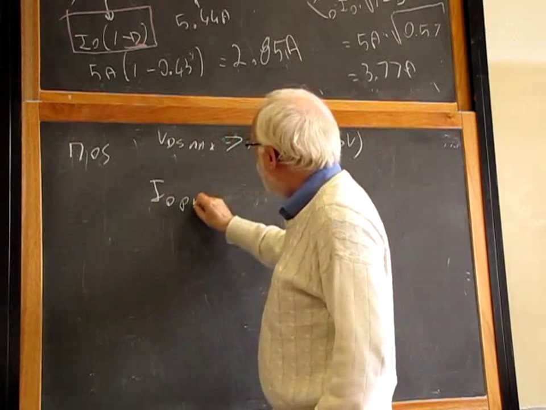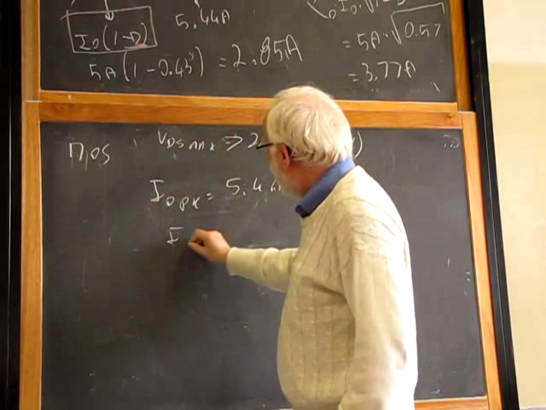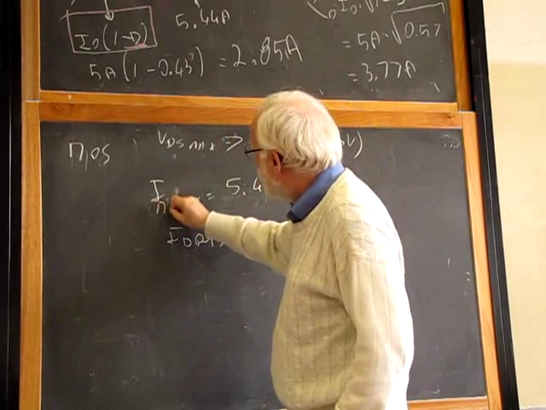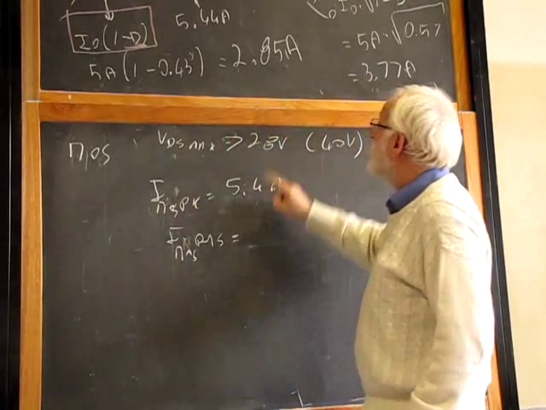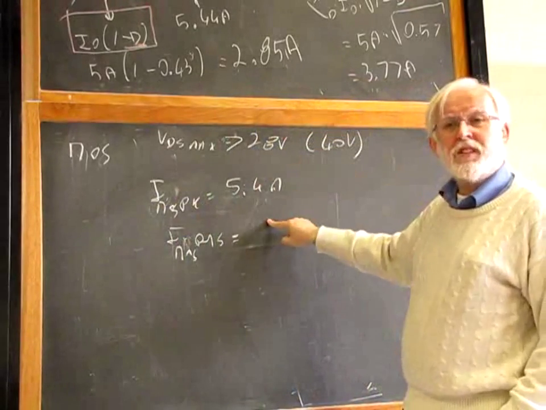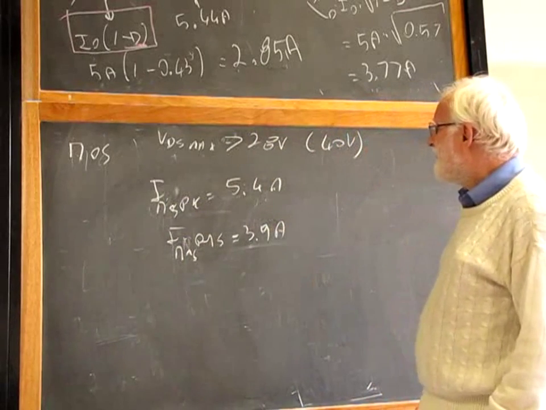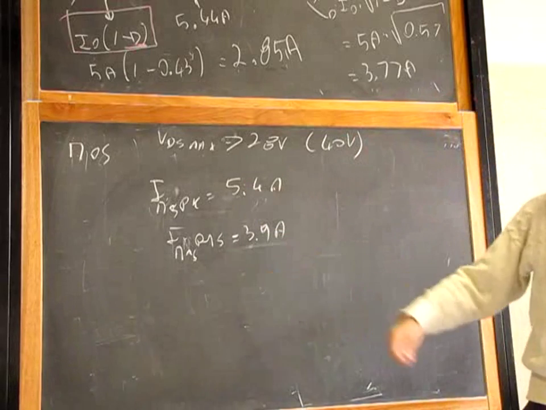IDP equals 5.4 amps. ID RMS, nothing, MOS. IMOS RMS, how much was it? 3.9 amps. That's it. Those are the important numbers I told you.